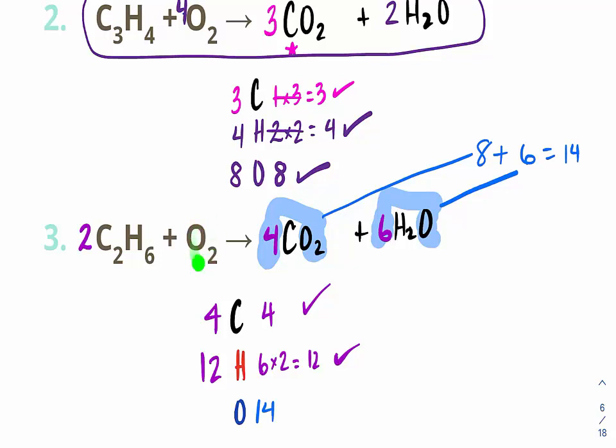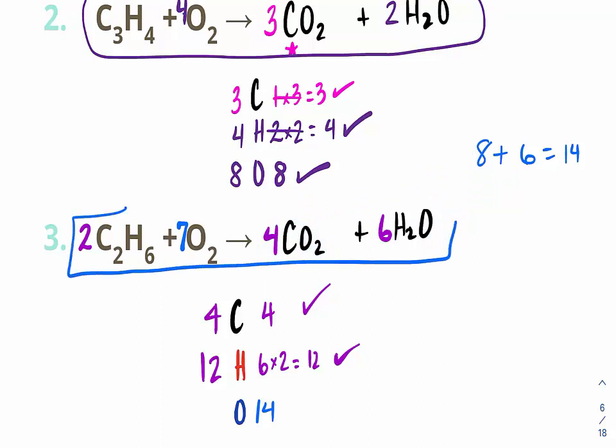What can I put in front of O2 to make it equal 14? I can put a 7 there. So there we go. Let me erase some of my extra notes here. And we now have the balanced combustion reaction of C2H6.